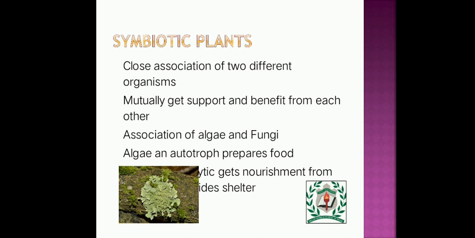Nourishment means one can feed on the other. An example of such a relationship is a lichen, which is an association between algae and fungi. Algae being an autotroph synthesizes food. Fungi being saprophytic absorb water and minerals and supply the algal partner with the shelter.